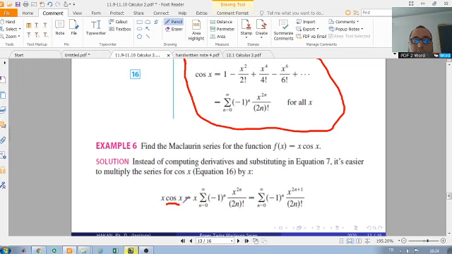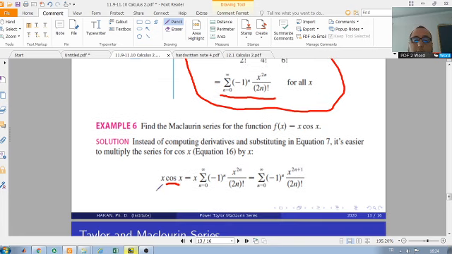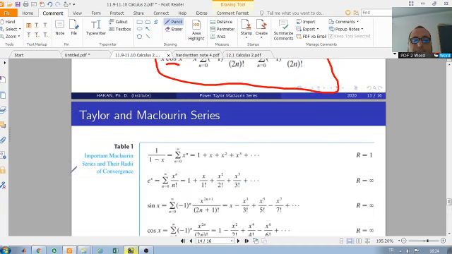Instead of cosine x, you write its Maclaurin series written here, and multiplying it by x, we have x to the power 2n, but we multiply this by x, so we have x to the power 2n plus 1, and we find the Maclaurin series for x times cosine x.